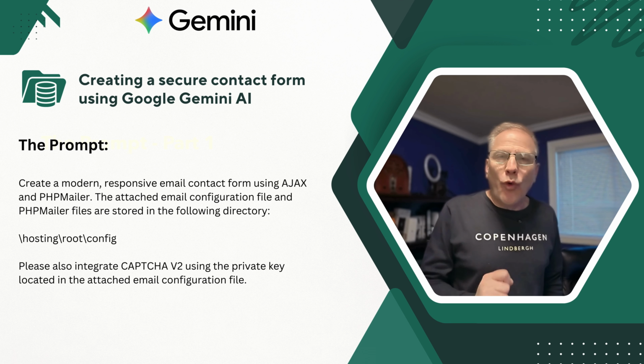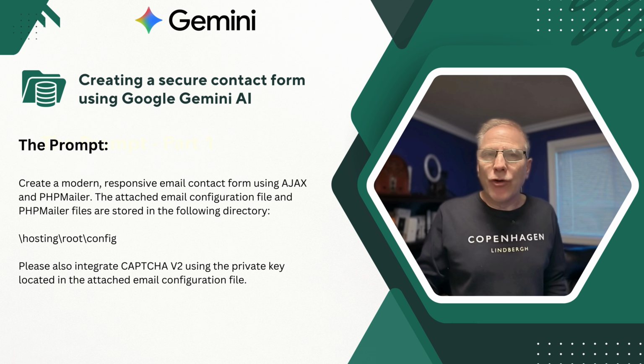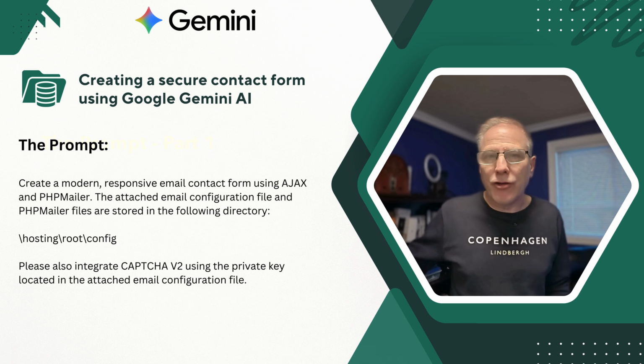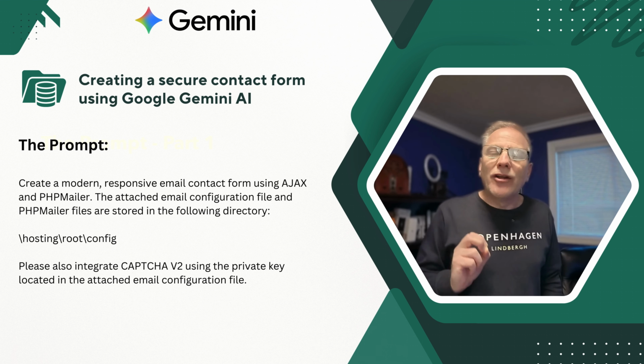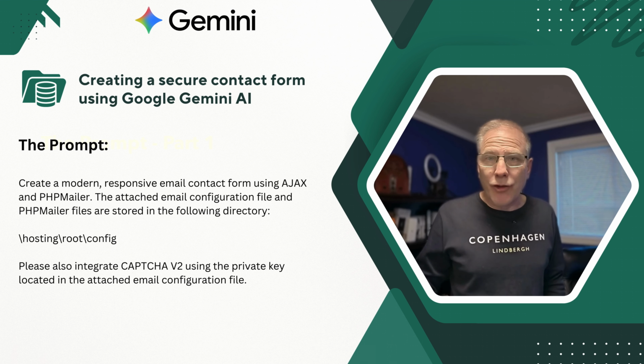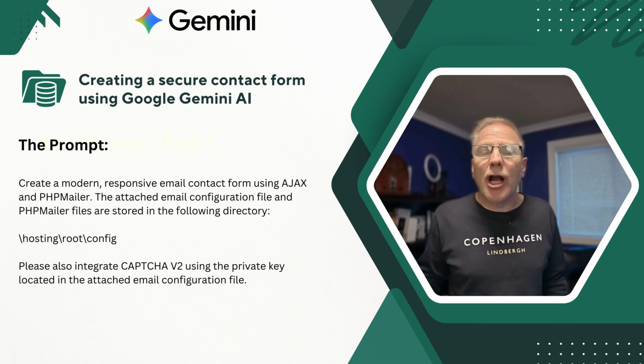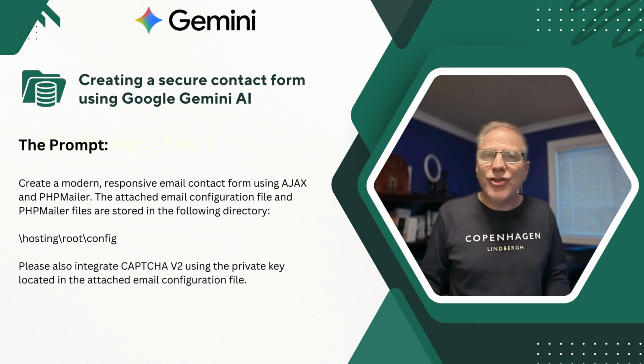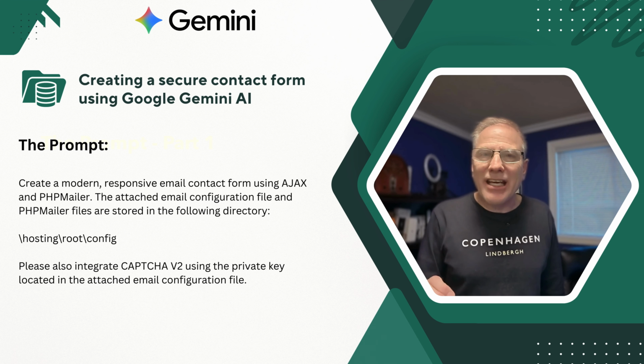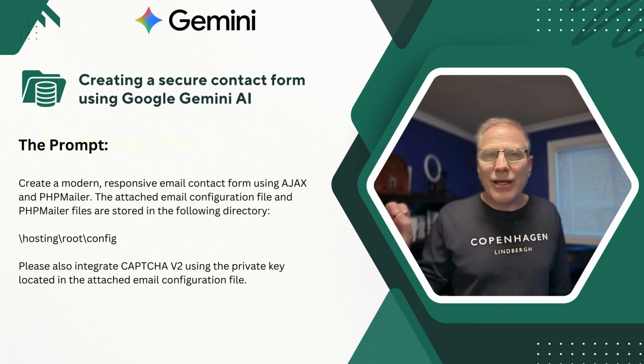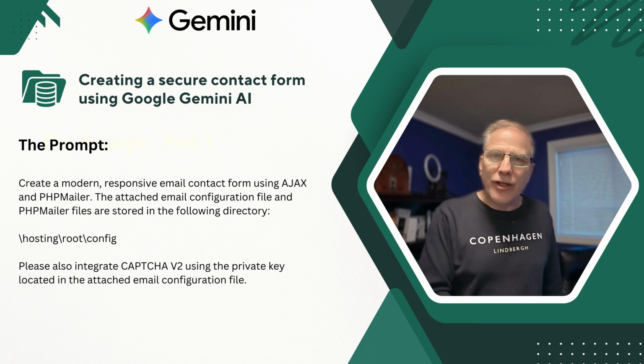You're going to inform the AI to use the configuration file and PHP Mailer files found in your configuration directory that you created earlier. You will also provide the full path to that directory and also specify that the CAPTCHA keys for spam protection are included in the same configuration file. And that is all that Google Gemini AI will need to build a perfect contact form. Let's give it a try.